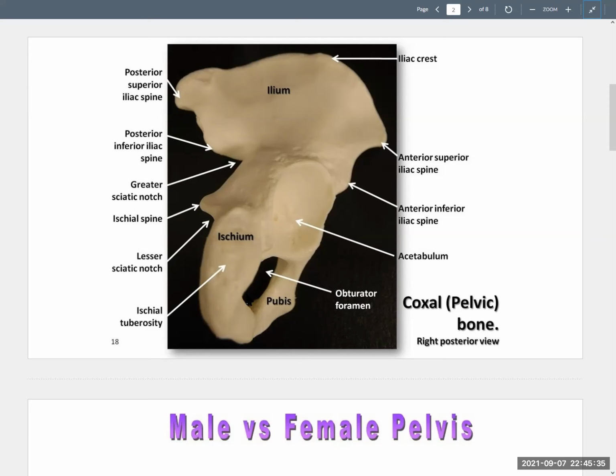The hole is the obturator foramen. Obturator, you probably never heard the word before. There's nerves called the obturator, muscle called the obturator, and they all pass through here.